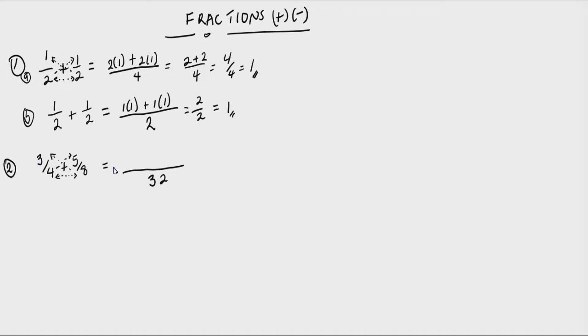Then 8 times 3 is 24, plus 4 times 5, which is 20, divided by 32.